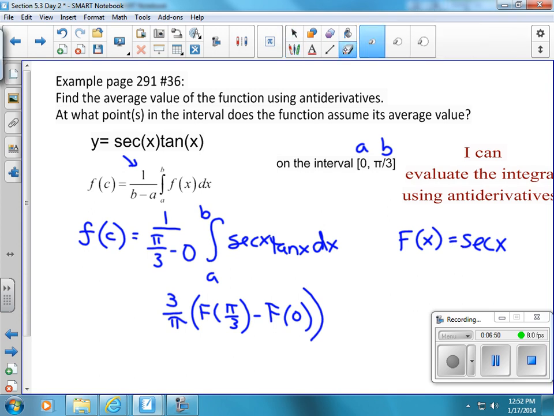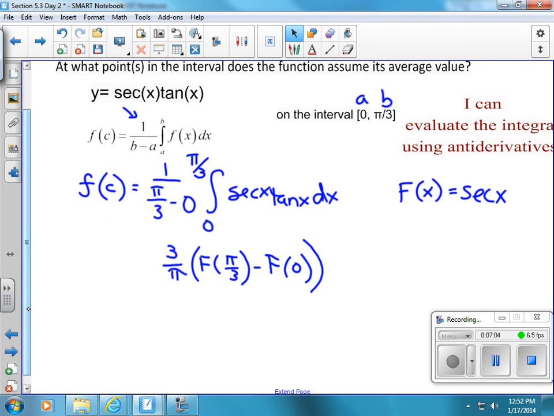We should actually have these changed. It should be 0 to pi over 3 right here. Okay, and so we're going to have to plug pi over 3 into secant and 0 into secant. Or you could make that 1 over cosine.